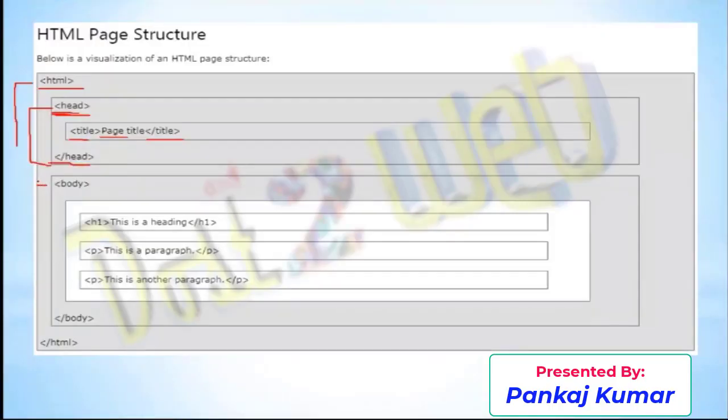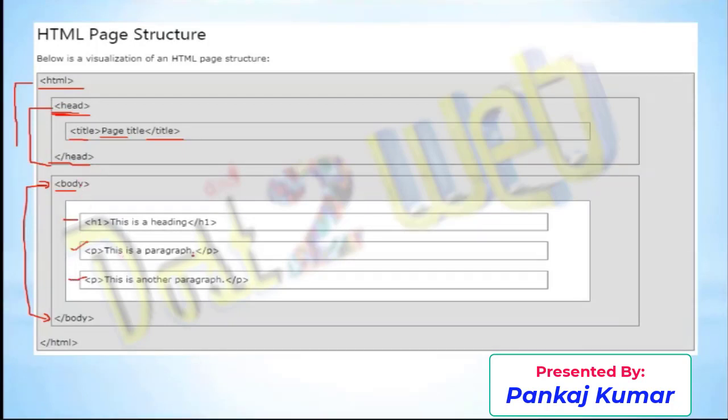So whatever appearance you are seeing on any website or web page is defined inside the body only. After that, we have the body tag. That means how you define main in other programming languages, the same way you have the body tag here. You define the body tag followed by whatever tags you want to use, like heading tag, paragraph tag, again paragraph tag.